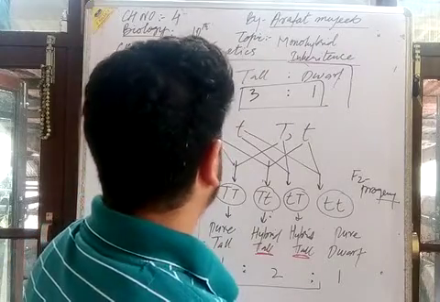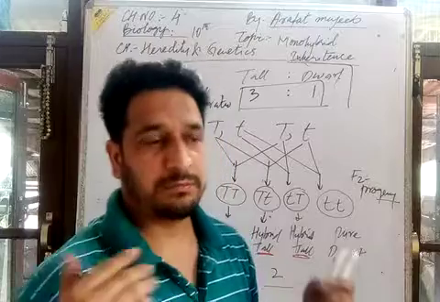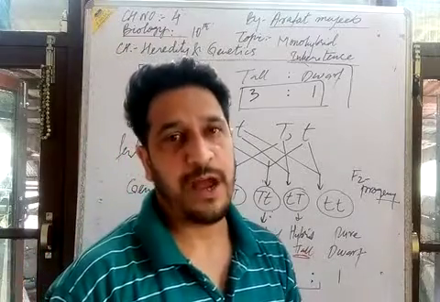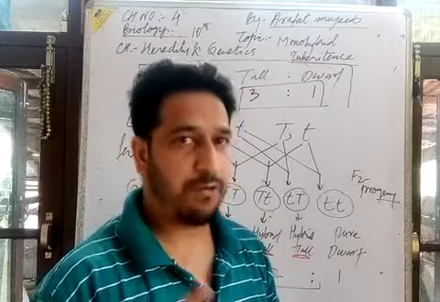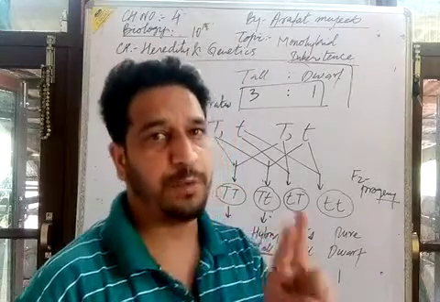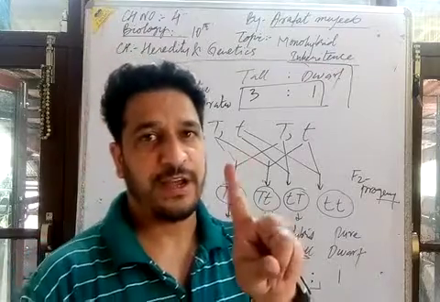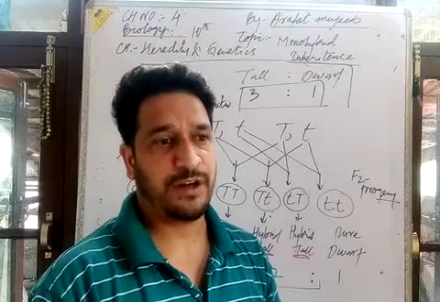Dear students, this was all about John Mendel's monohybrid inheritance, and how he crossed to perform a basic cross between two pea plants with one character, two different contrasting characters.